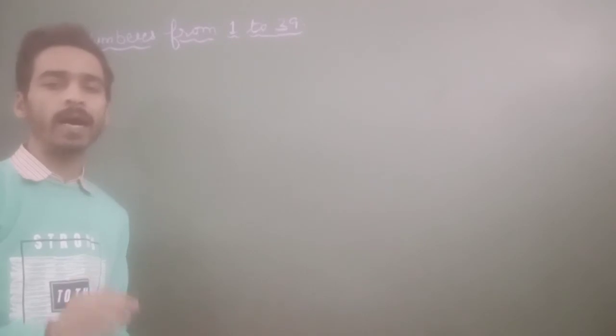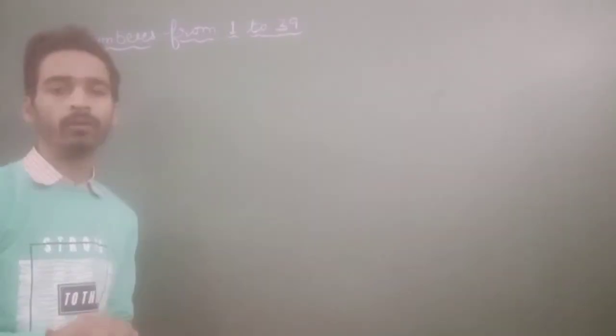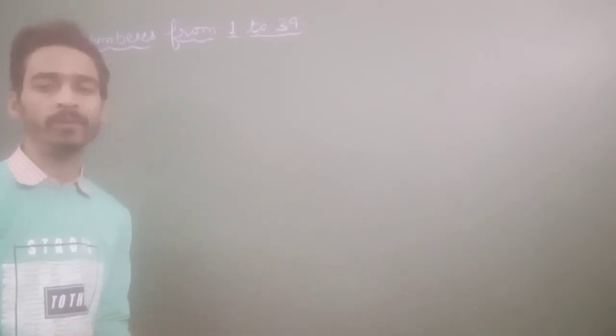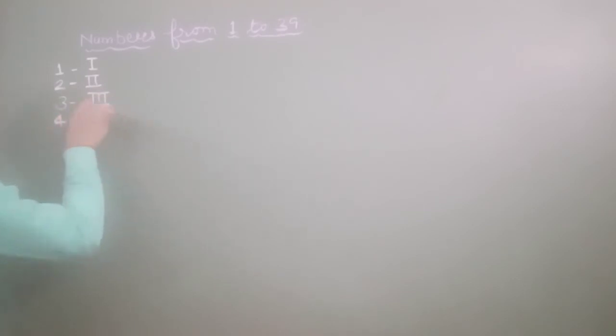The letters I, V and X are used to form numbers between 1 and 39. For 1 there is I. For 2 there is double I. For 3 there is triple I. For 4, IV. For 5, V. For 6, VI.